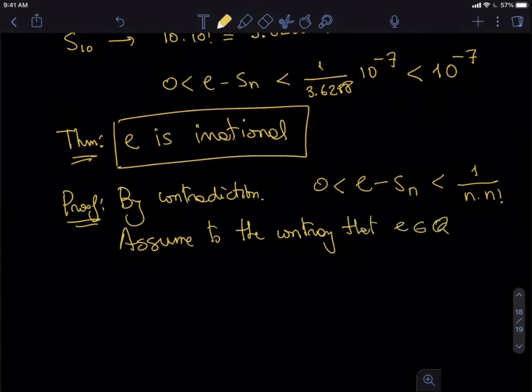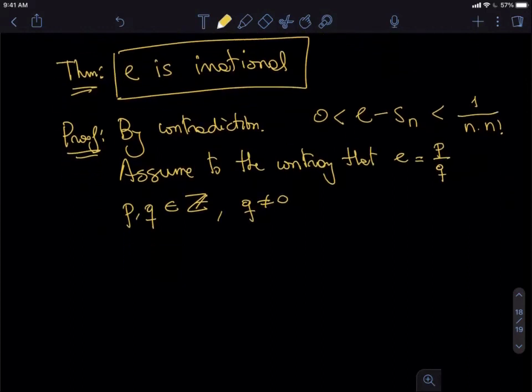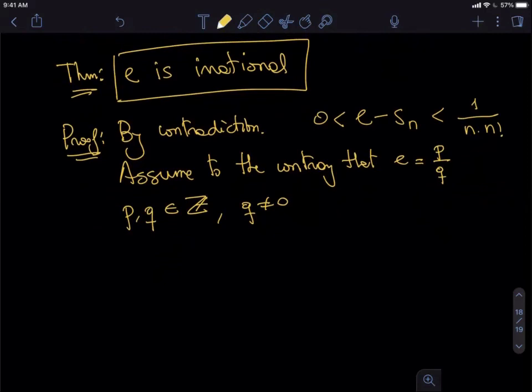We can say right away that e is of the form p divided by q, with p, q integer numbers. We know they are positive anyway, and q different from 0. And we can assume this is simplified, but we are not going to use that in the proof, so I will not bother writing that down.